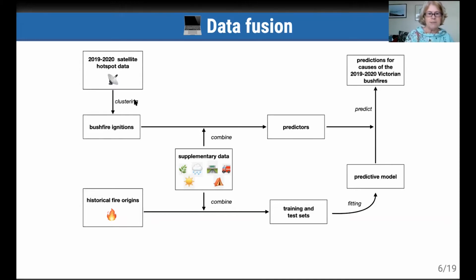Taking the hotspot data, we need to do some cluster analysis to determine ignition points. From the historical fire origins data, we have causes of fires that have actually been investigated. We combine all the supplementary data with both those data sets, and build a training model from the historical data in order to predict the 2019-2020 season.